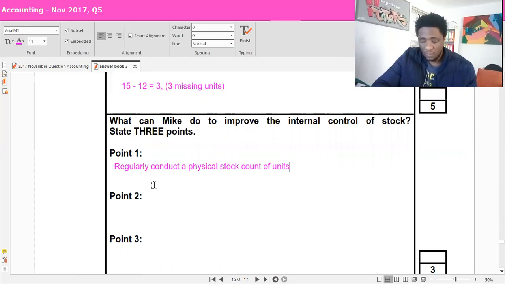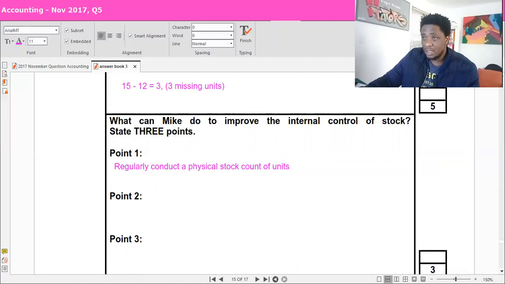So if you do, for instance, a physical stock count every 3 months, it means that when you find out in 3 months that there's 3 units missing, you actually don't know when those units were stolen. So to investigate who stole those units would be very difficult because you'd have to watch the security footage for 3 months, and that is a lot of time to be watching. But if you do it weekly, you're more able to go into the security footage to check who that person that might have taken those units is.